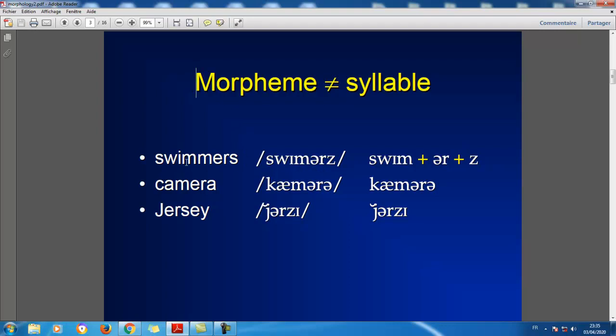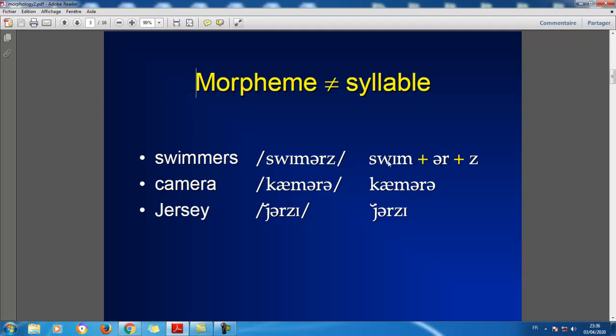It can be divided, it can be broken up. It can be divided into some elements, such as swim plus that is er, and this z, one of the realizations of the plural s.